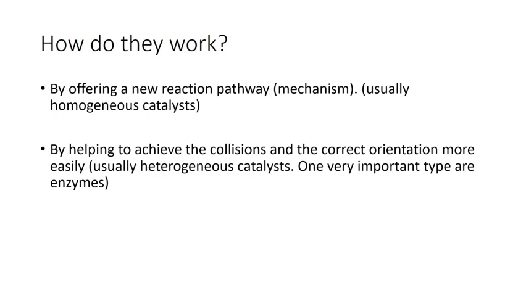One very important type of heterogeneous catalyst, or a catalyst that works in this fashion, are enzymes. Hopefully when you took biology, you remember talking about enzymes and how they speed up the chemical reactions in our bodies by grabbing and holding on to molecules. Often it's called the lock and key model.